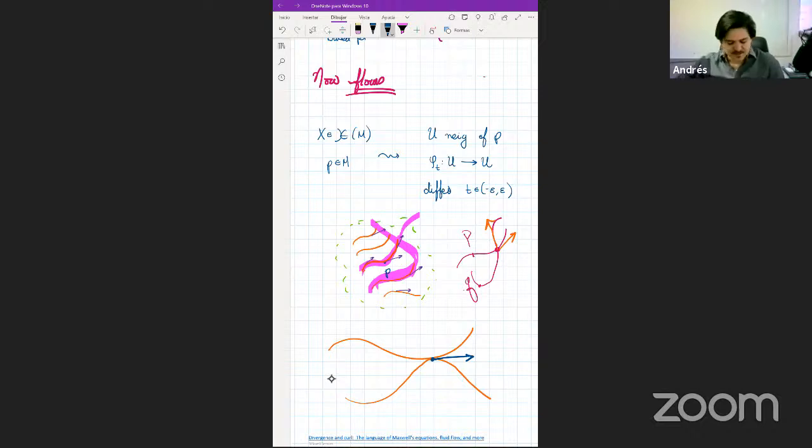Okay? So here, first, you can just rule it out because you will have two distinct vectors at one point, and that's not allowed by a vector field. So the only thing that might happen is the second drawing here.